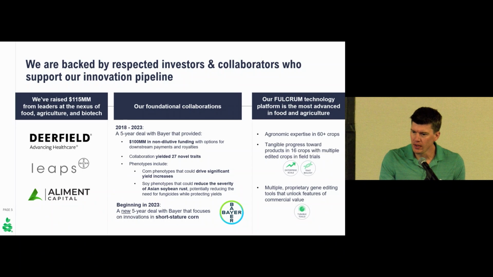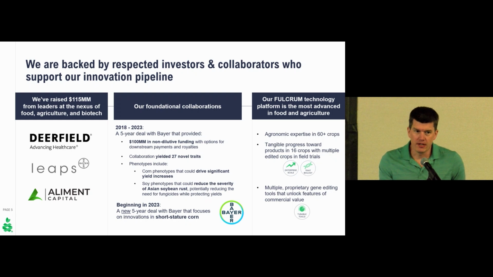A couple of significant points in our history. The first is that we've raised $115 million in Series A and Series B rounds. And we've had two exceptional collaborations with our partners, Bayer Crop Sciences. The first started in 2018, and it was a 5-year collaboration that focused on trait development in corn, soy, cotton, canola, and wheat.